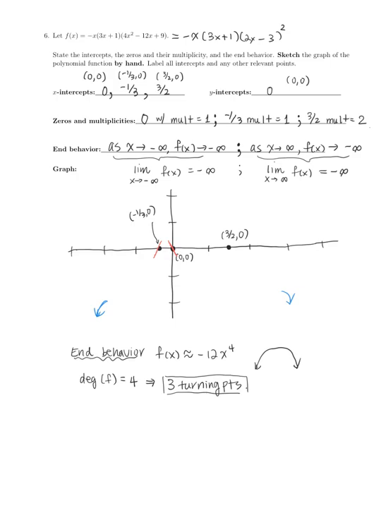Since the graph goes from bottom up, maybe it's going to go like this, and then dip down somehow. That's one turning point, and then a second turning point.